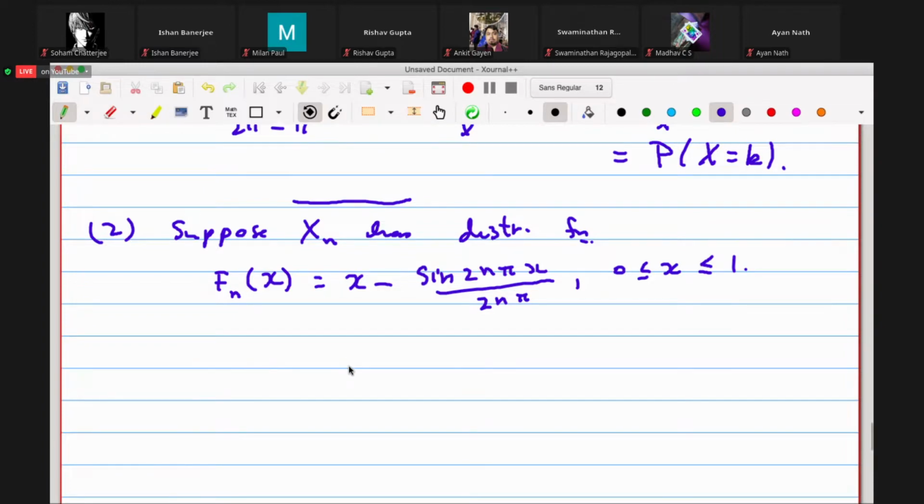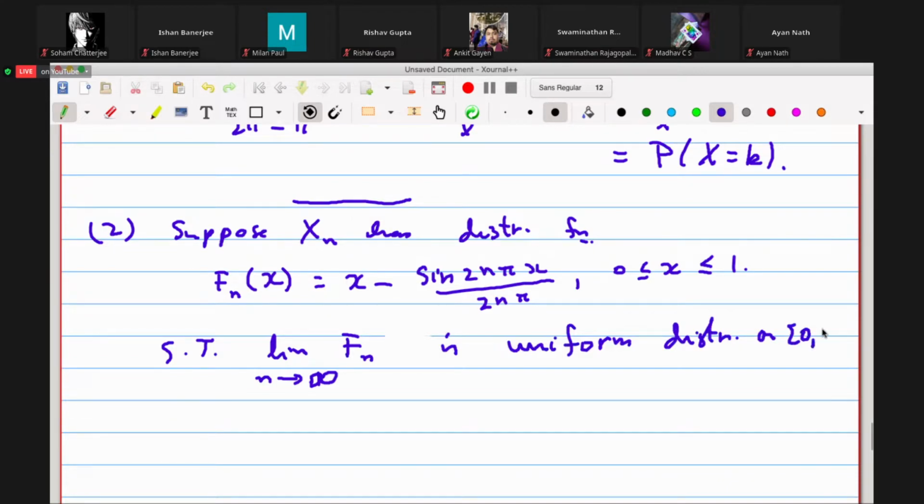But the problem is to show that the limit as n goes to infinity of fn of x is the uniform distribution on 0 to 1.